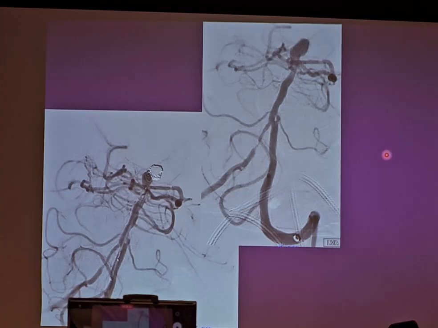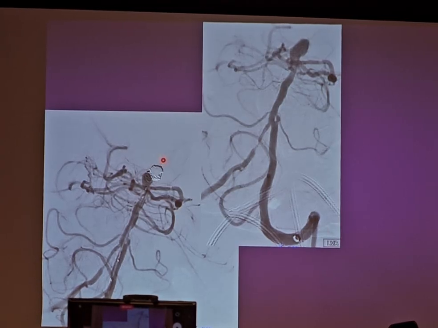We also have the clinical application. We were having this aneurysm treatment. The coil was pushed there.